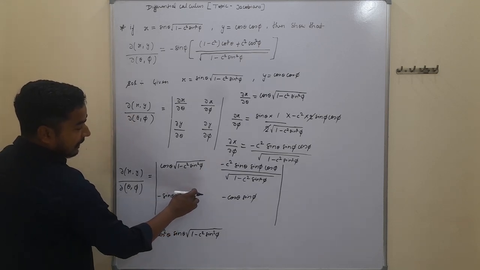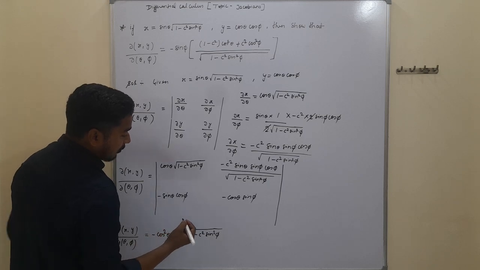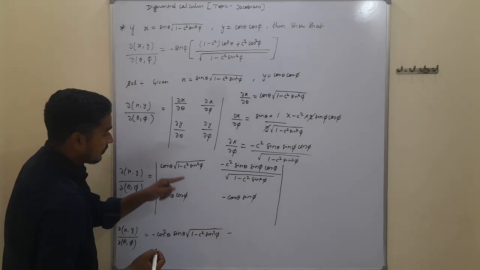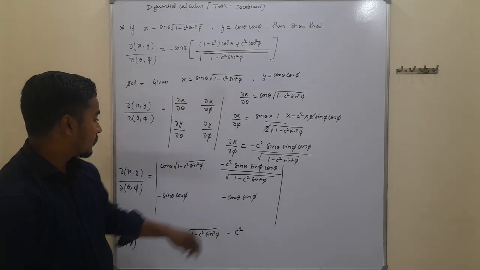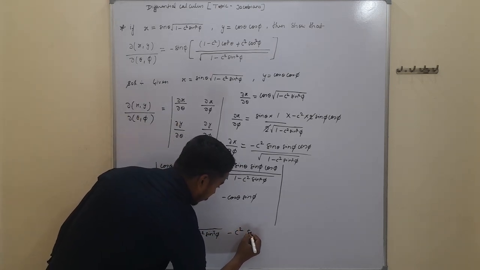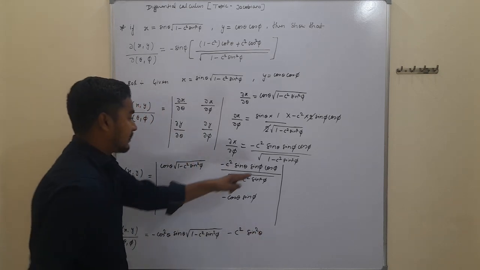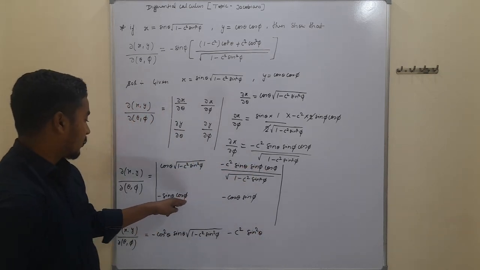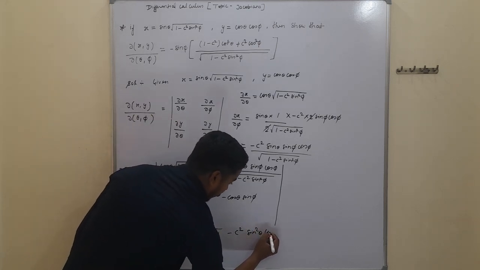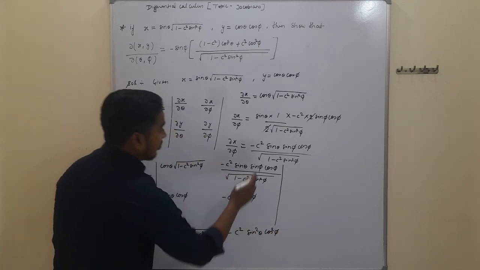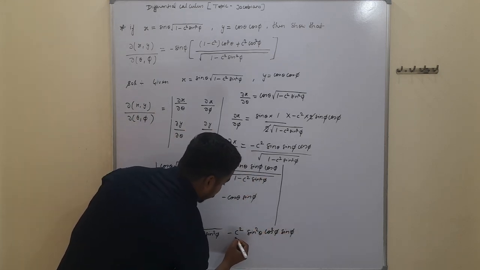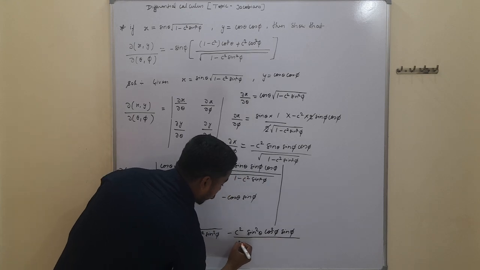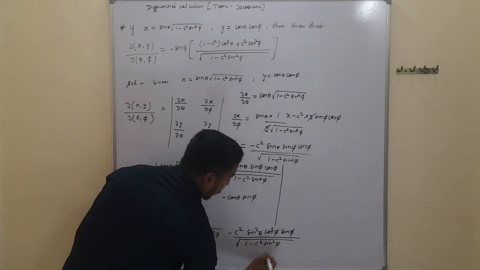When we multiply this side we take a minus, so we write minus c square, here sin theta and here also sin theta, this gives sin square theta, and here is sin phi, here is cos phi, here is also cos phi, so we write cos square phi and sin phi into sin phi upon under root of 1 minus c square sin square phi.